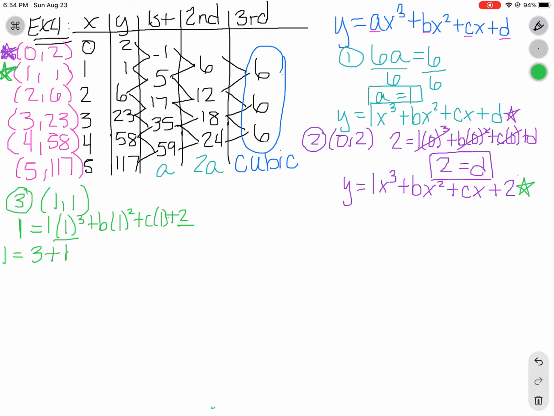So I have 3 plus b plus c. So I'm going to subtract the 3 from both sides. And I get negative 2 equals b plus c. Now, that's about all I can do with that equation.